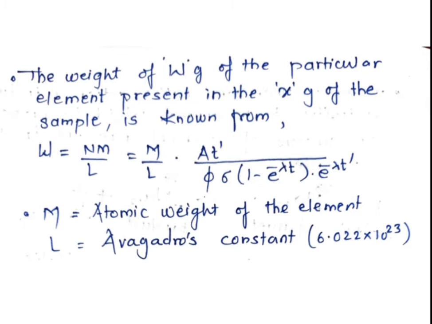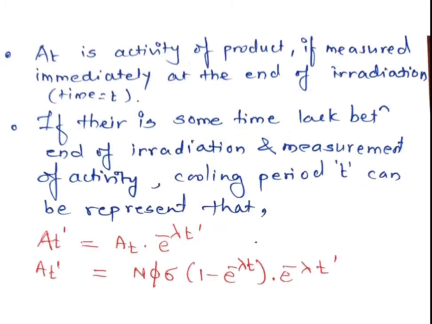So that weight will be calculated as N M divided by L, and N is A_t' divided by phi sigma in bracket 1 minus e raised to minus lambda t into e raised to minus lambda t'. So just by rearranging this equation, we can find out the N value, and N is equal to A_t' divided by this.